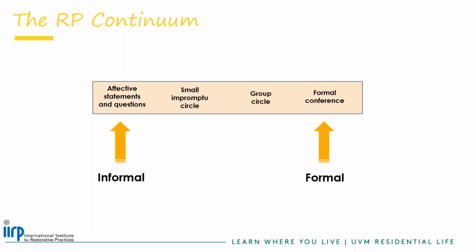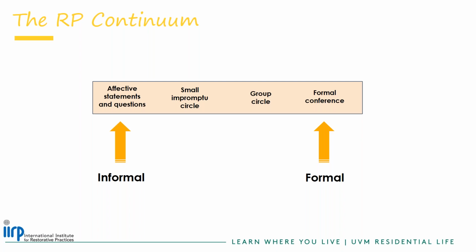Group circles tend to be a little bit more formal, and these can be used proactively and responsively. Proactive circles give individuals within a community an opportunity to get to know each other, build relationships, share information, or talk about significant things that are coming up.